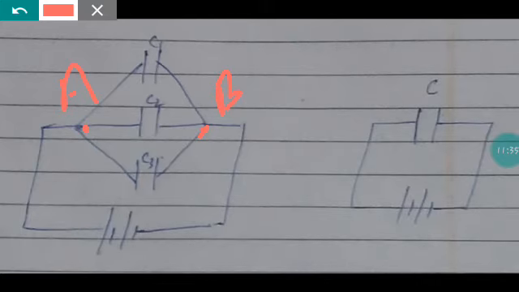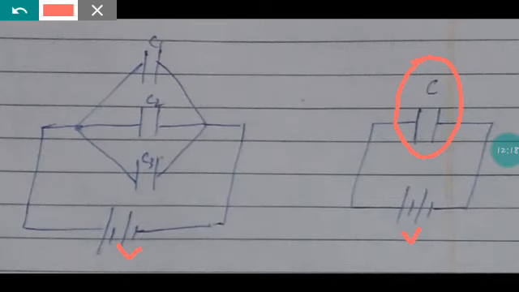One end of the first capacitor is at point A and its second end is at point B. The second capacitor has end points A and B, and capacitor C3 has end points A and B. All the capacitors have the same end points. This type of arrangement is called a parallel connection, and the equivalent capacitance has been taken here. The battery is the same. Suppose the potential difference is V here, the potential difference will be V here.